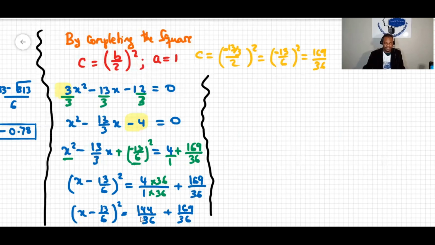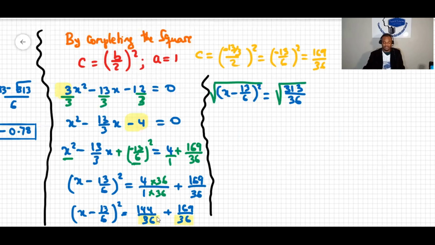Now we have a common denominator, so we can just add the numerators. We do 144 plus 169, and this is equal to 313. So that makes 313 over 36.